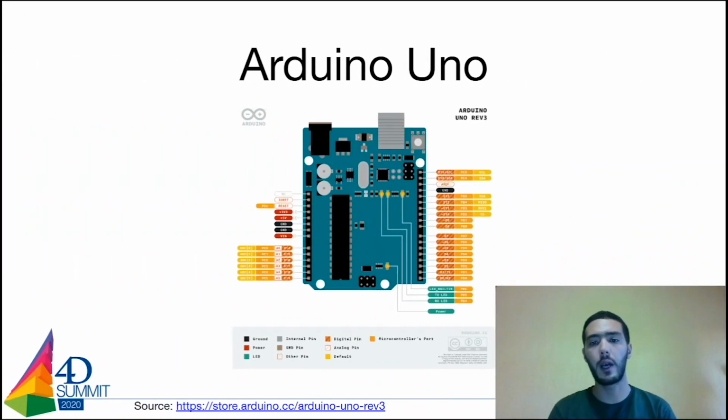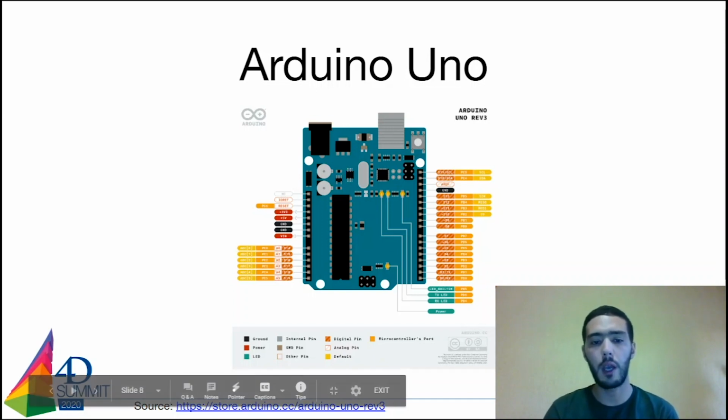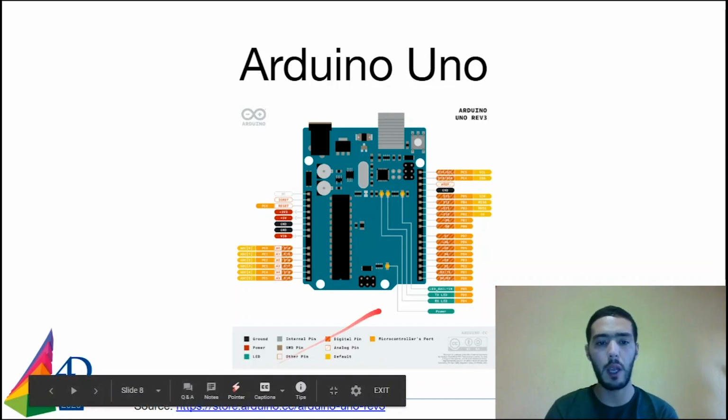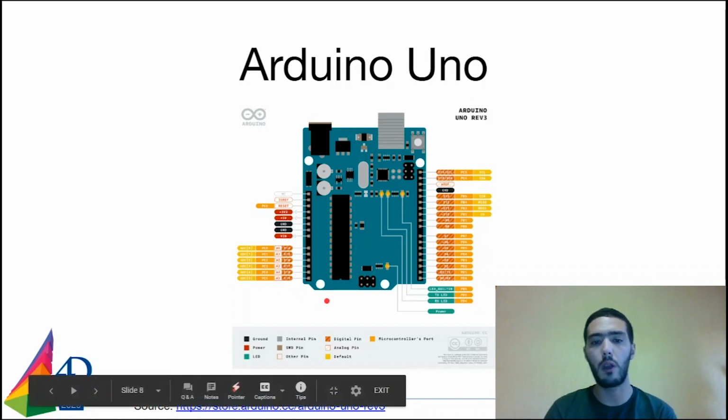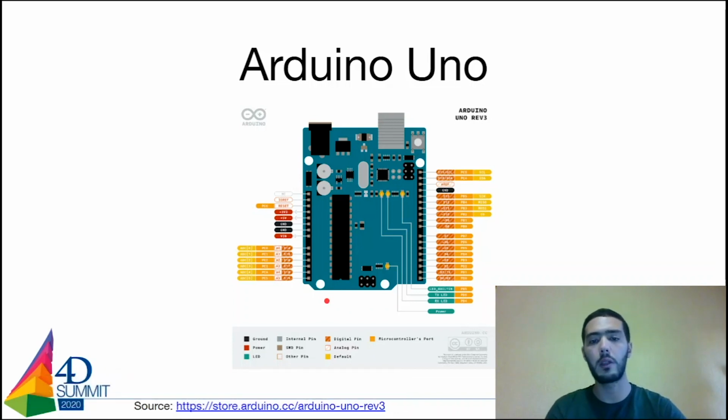We'll see that Arduino Uno, for those who are not familiar with it, has a number of pins. In this case, we'll be using both digital and analog pins. The digital will be for the humidity and temperature sensor, while the analog pins will be used for our fire detector sensor.